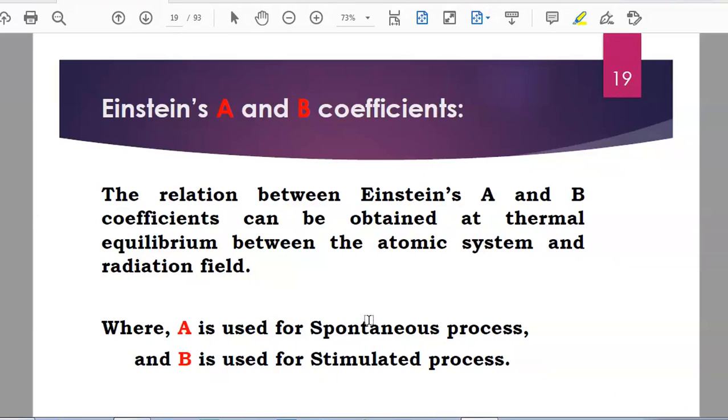If you remember carefully, spontaneous is only one process in which only emission is possible. Stimulated has two processes: either it can absorb, that is one stimulated process, or it emits, and that emission is also stimulated. So the spontaneous process is only one, and for that we use capital A. Stimulated processes are two, for which we use capital B. These are the two coefficients we use to derive a formula, and we need to find the relation between A and B.